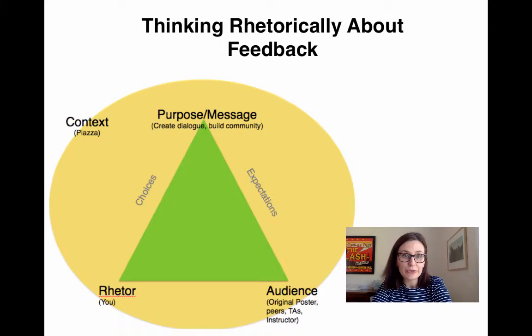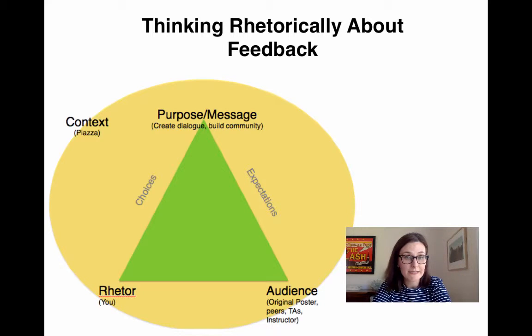I wanted to talk about how we can use this triangle to analyze the work you did in the critical selfie. So here is the same rhetorical triangle completed with the context of the selfie assignment. Here we have a context of Piazza. We have a purpose or message of creating dialogue, building community.